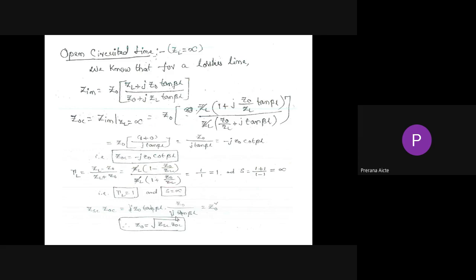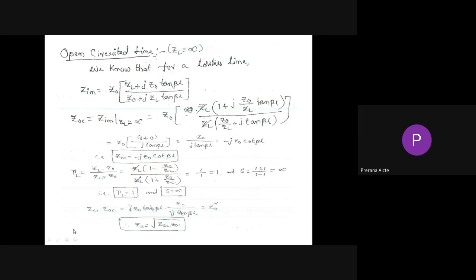Now, recalling the previous expression, Z_in is equal to Z_0 into (Z_L plus j Z_0 tan βL) divided by (Z_0 plus j Z_L tan βL). Now, while substituting this Z_L in this expression directly, what will happen?